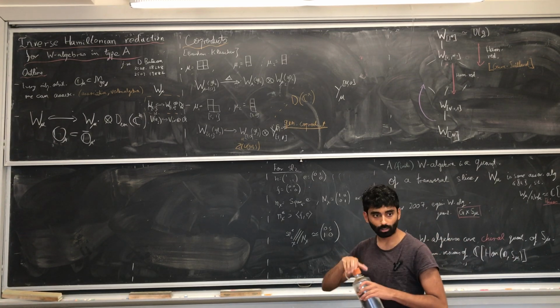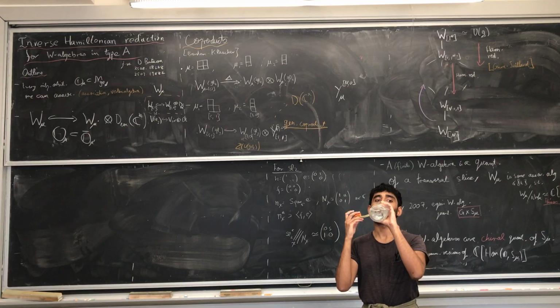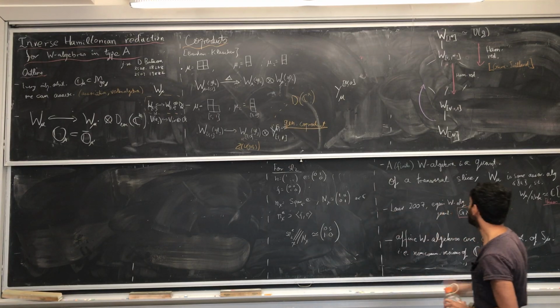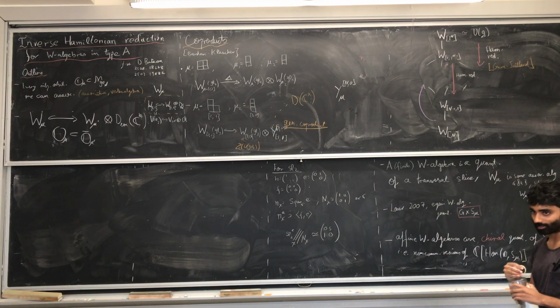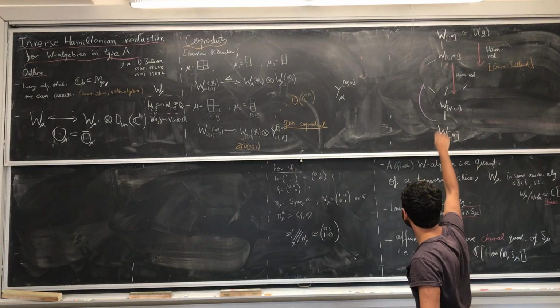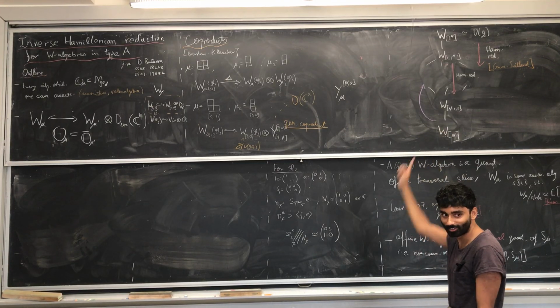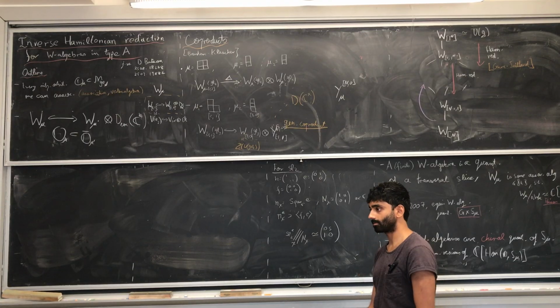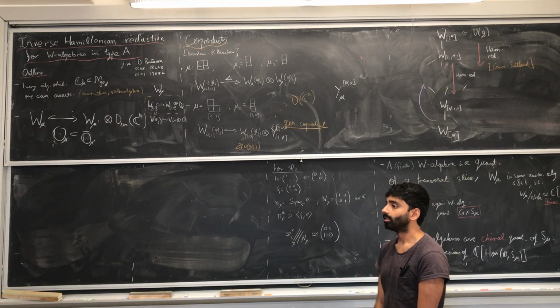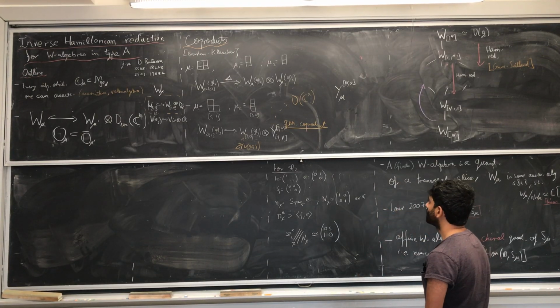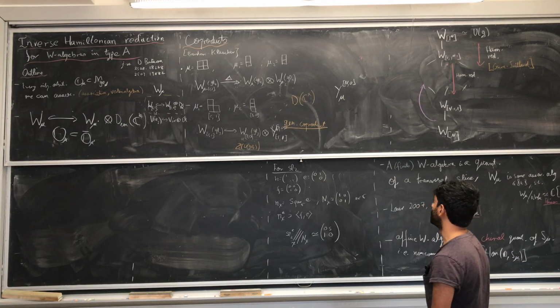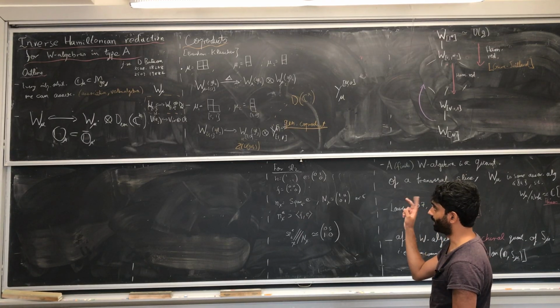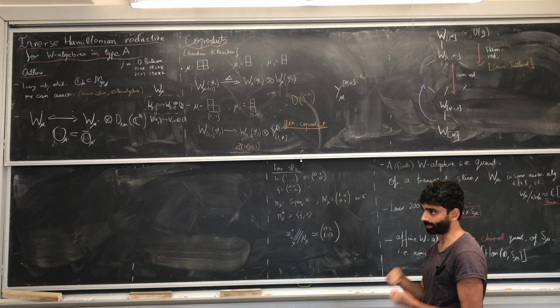So which color of the arrow is the inverse Hamiltonian reduction? Purple? Up. Yeah, Hamiltonian reduction is moving down, inverse is moving up. And why does it give you power? The point is that you're building up these representations in quite a nice way. This auxiliary algebra that you're tensoring on each time is a very simple algebra.